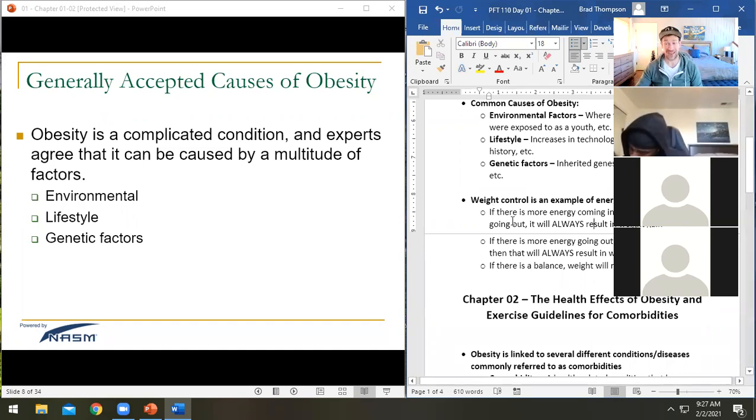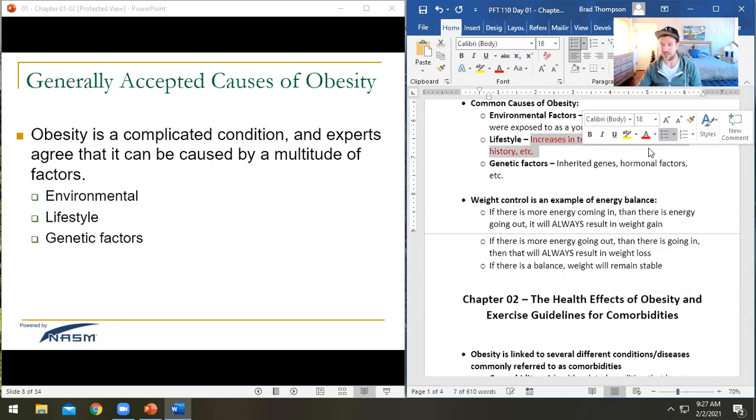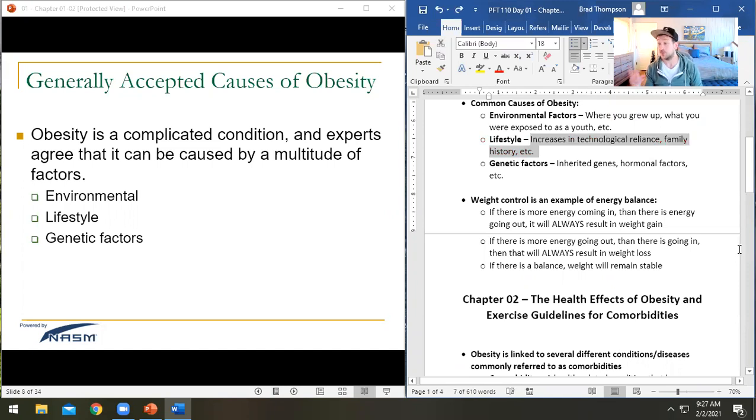Okay, fair enough. But yeah, so environmental could be a thing. Sometimes it's lifestyle. We do know that there's increased reliance on technology. It could be your family history as well. If you grew up around people who are outdoorsy and active, that's going to burn more calories than people who aren't.